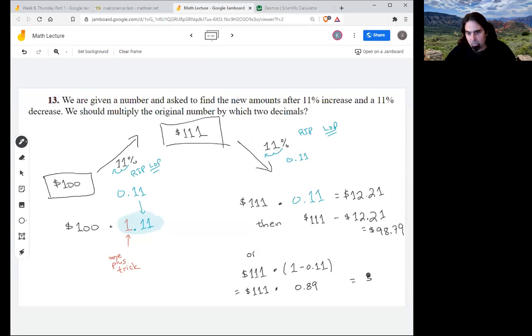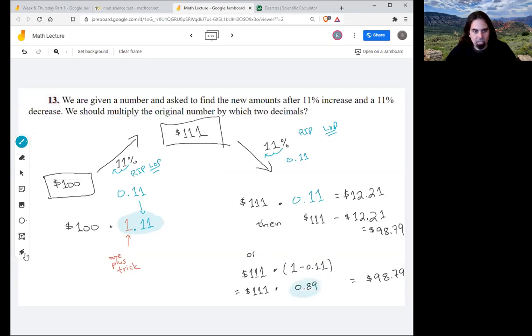And that's going to get me my 98.79 all in 1 step. Except it's not really 1 step because I had to do this thing and this thing, right? So that's my other answer.